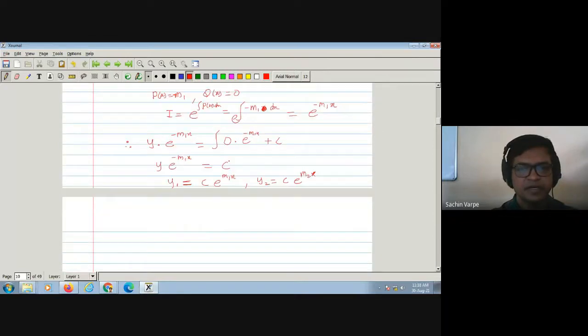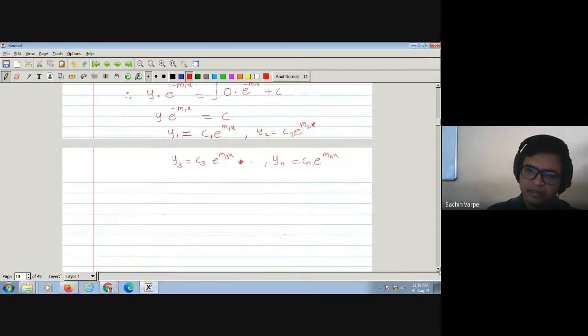if I separate these constants, c1 for y1, c2 for y2, c3 for y3, y3 is c3 e to the power m3x plus and so on, cn e to the power mnx for yn.